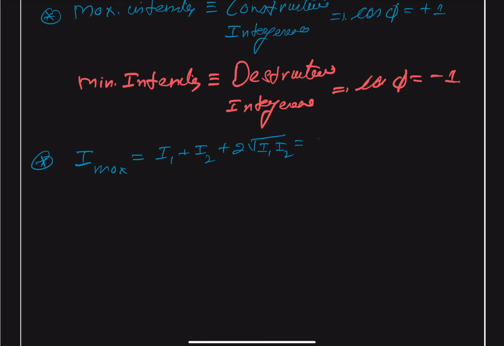We substitute the values, we will get I plus 4I plus 2 square root of I multiplied by 4I, and this gives us that our maximum intensity, I max, is equal to 9 times I.